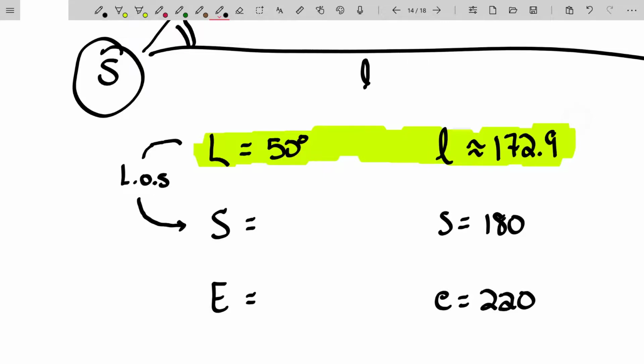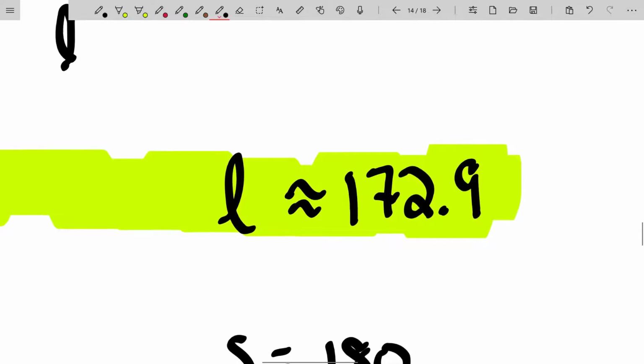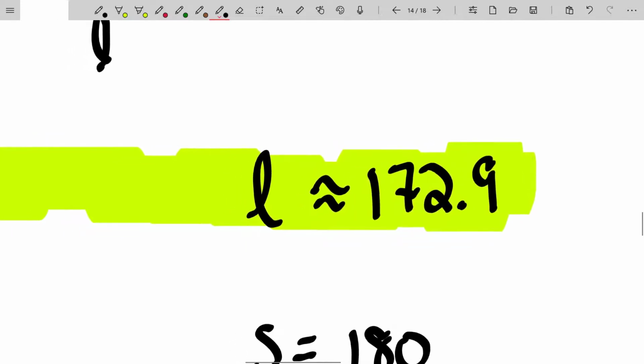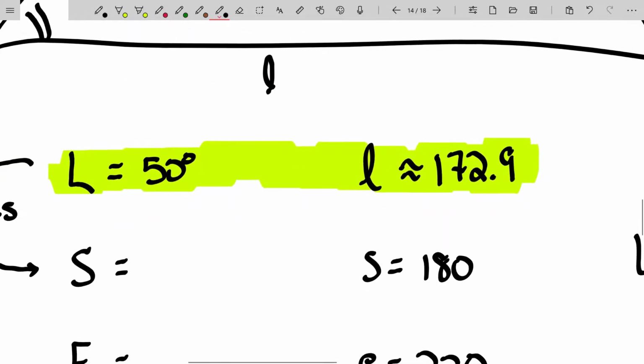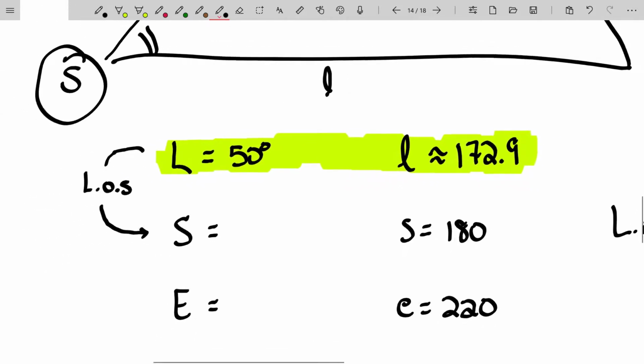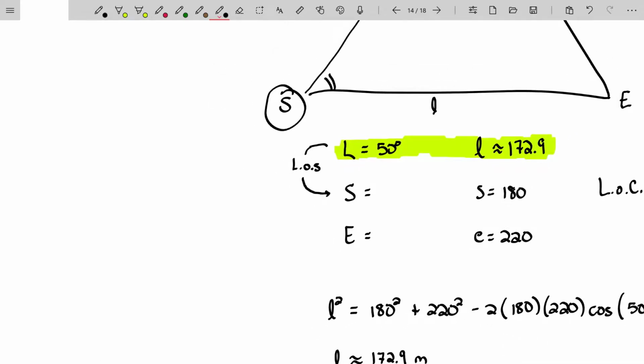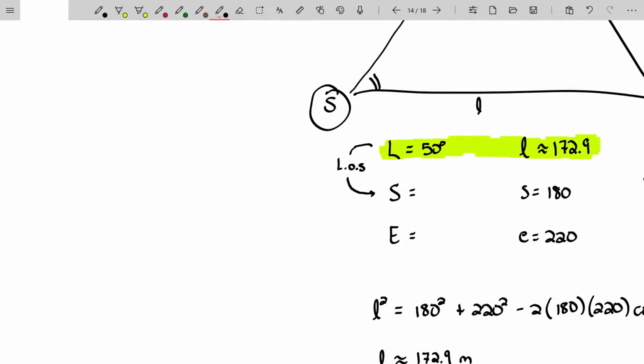Also note that the value we have in this row is an approximated value. So I'm going to use my saved value in Desmos, which is the non-approximated value, to help me with this part. That's why I saved it as a letter in Desmos. So let's see, law of sines.